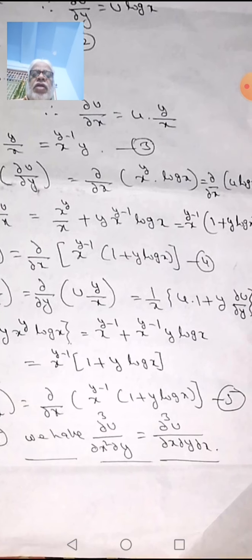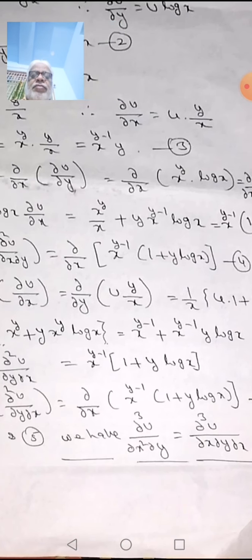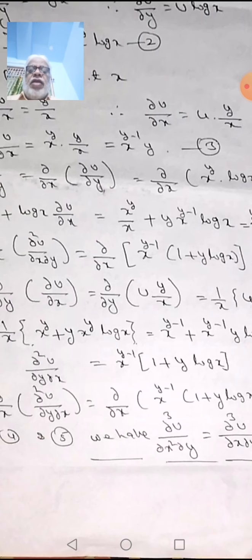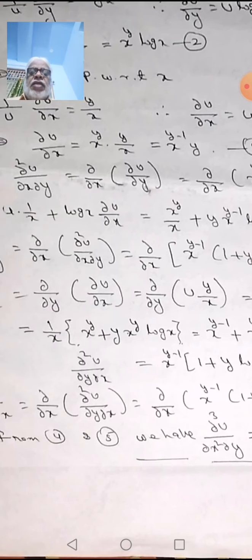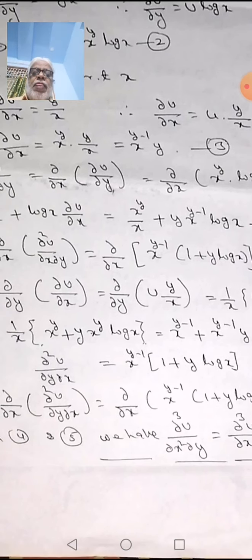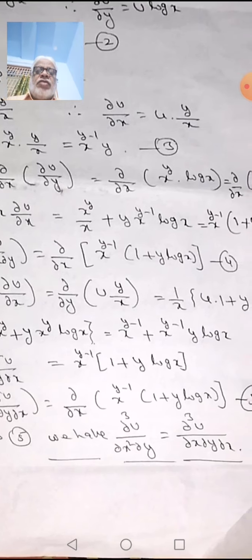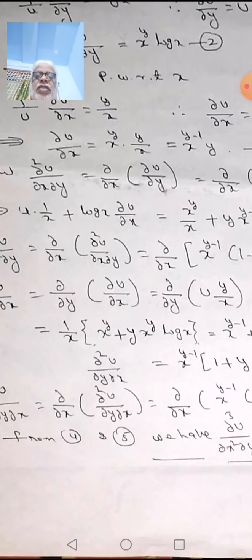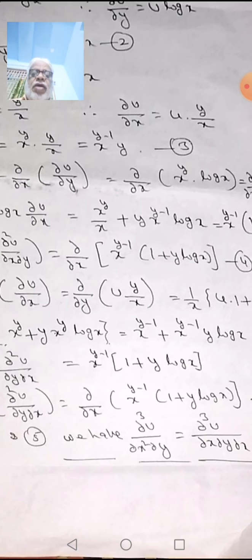That's why I write x power y log x. So x power y by x is x power y minus 1, plus again x power y minus 1 y log x. So ∂²u/∂y∂x is x power y minus 1 common, 1 plus y log x.